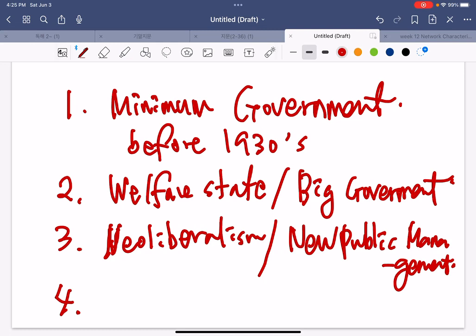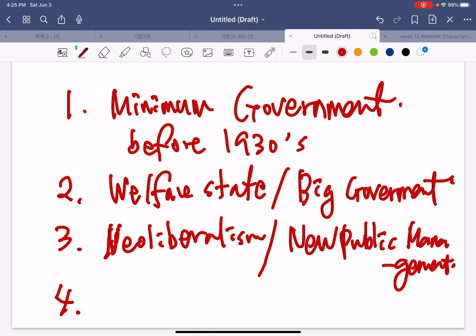But do you think that new liberalism and new public management were successful in overcoming the government failures? According to the general evaluation of new public management and new liberalism, it was also a failure.